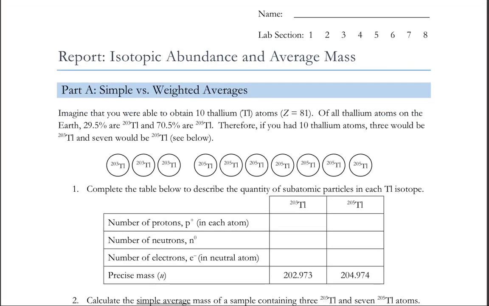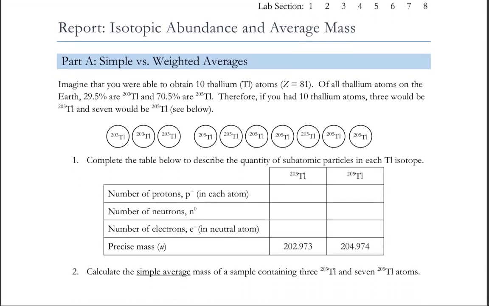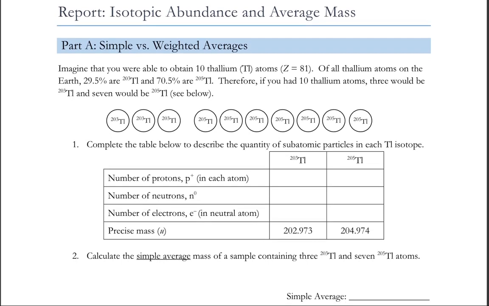Part A is simple versus weighted averages. So we are working with thallium, and we have 10 thallium atoms, and we're told, although we could figure it out from the periodic table, that the atomic number Z is 81. That means there's 81 protons. And we have thallium 203 and thallium 205.